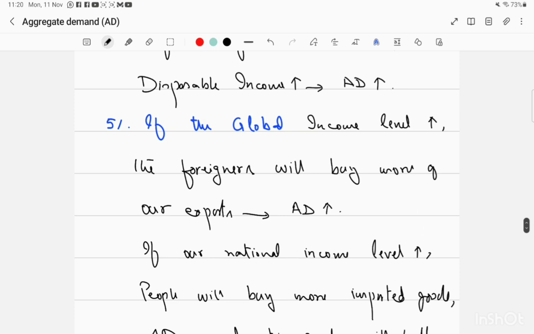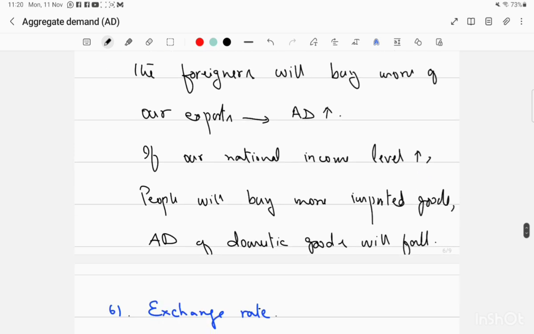If the global income level rises, like foreigners having a boom in their economy, like in the European or US economy, there is more economic activity, so their income level will increase and they will buy more of our exports. As a result, our aggregate demand will shift rightward.